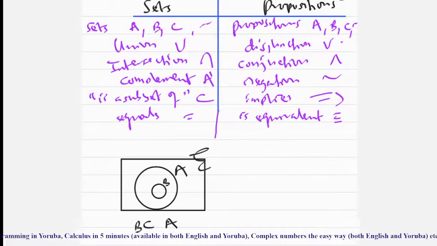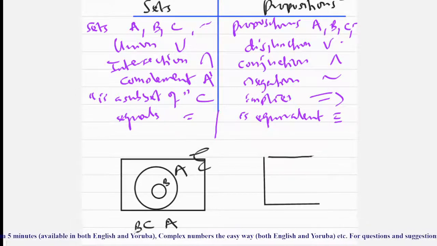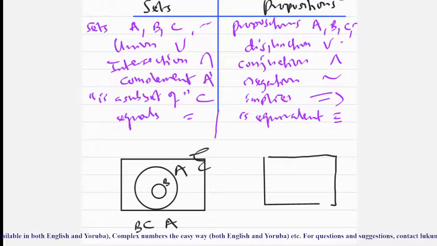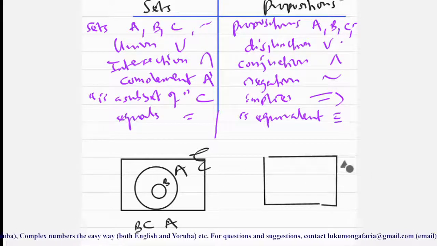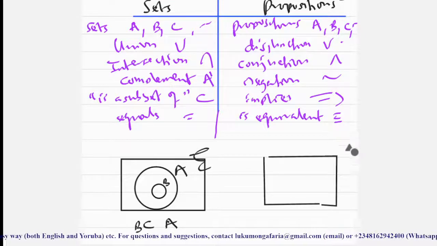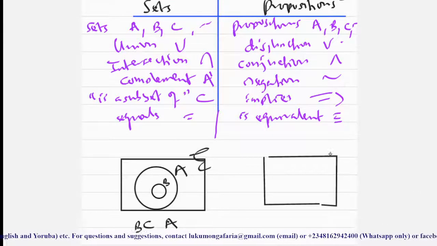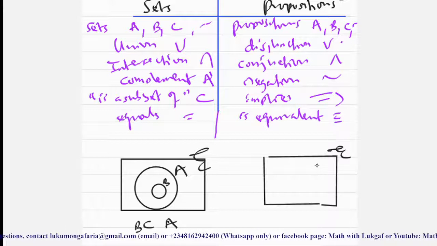Let's say I have, so your proposition also will be denoted by what? A particular proposition will be denoted by a circle too. So then you can have your universal proposition, that is the proposition that contains all the possible propositions under consideration. So let's say I have a universal set like this.